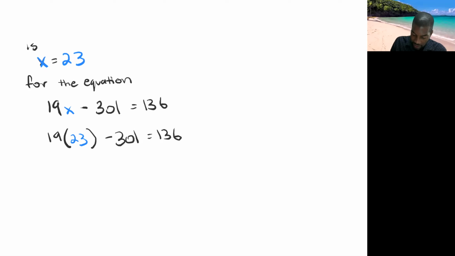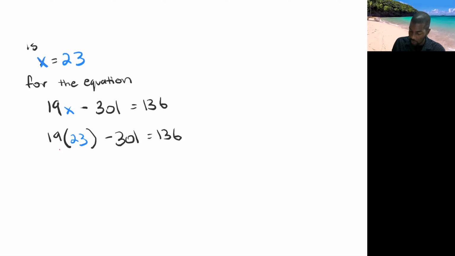So I know that this is 19 times 23. In fact, I'm going to use PEMDAS to help me solve, right? Parentheses, I have none. Exponents, none. Multiplication, I have 19 times 23. So what is 19 times 23? I think we just did that, right? 437.